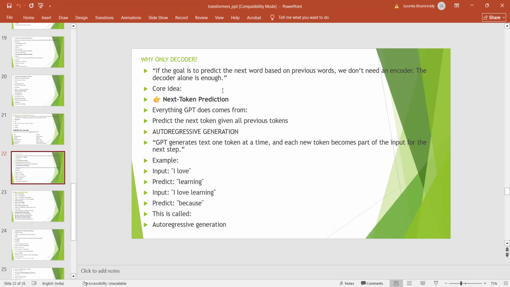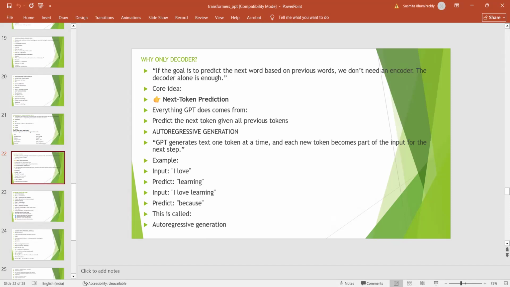We should not take the future word. Like if we have three words, word one, word two, word three, and I want to predict word four, I use only the previous words, not word four itself. So the main core idea is next token prediction. Everything GPT does comes from predicting the next token given all previous tokens.